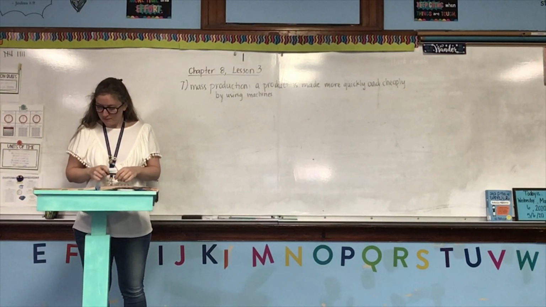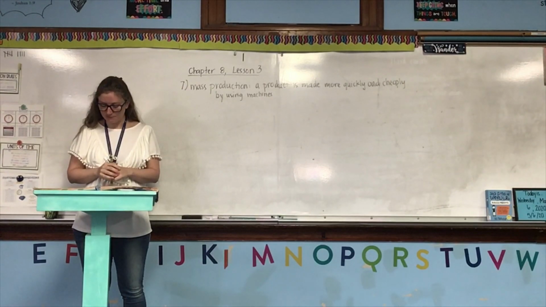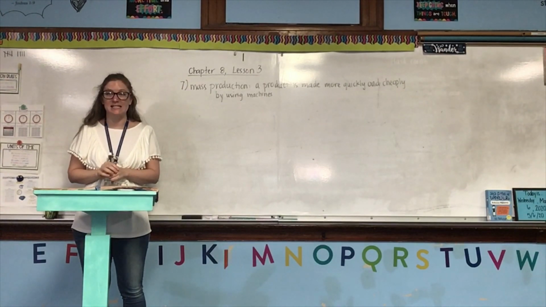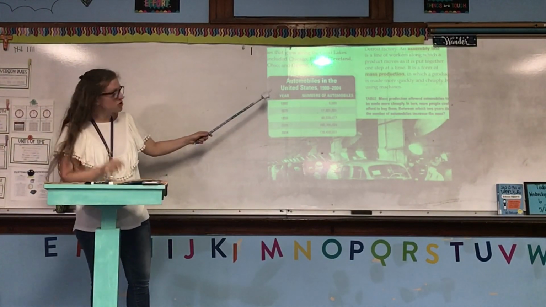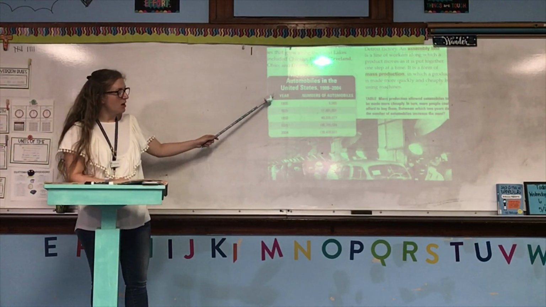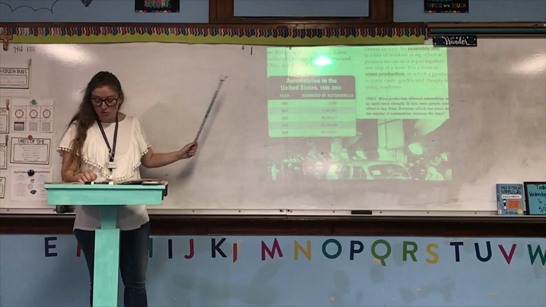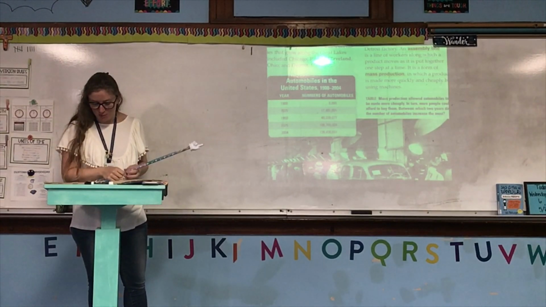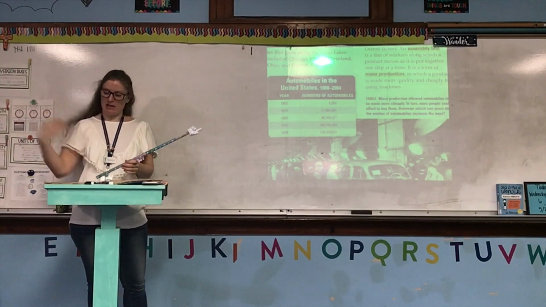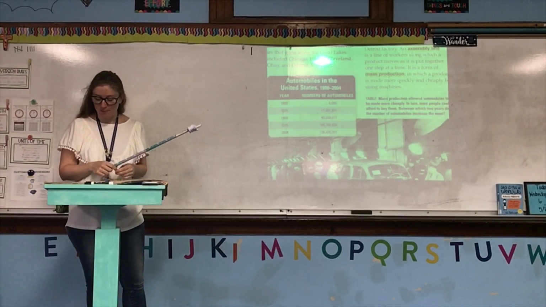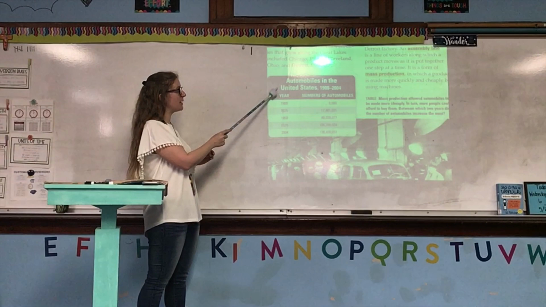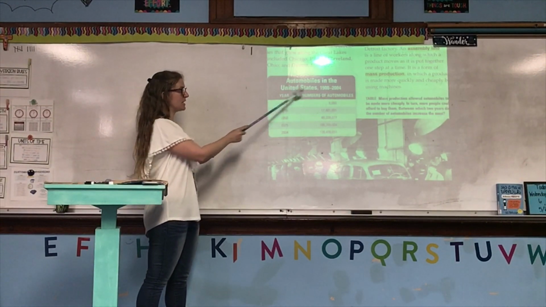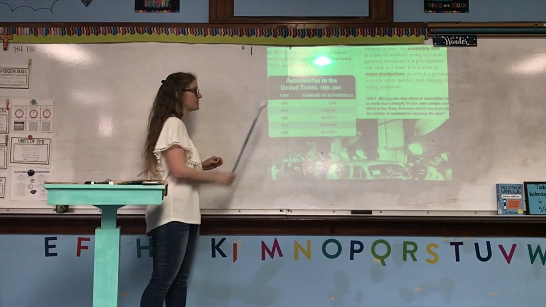Okay, now we're going to look at the table on page 267. So this table shows that mass production allowed automobiles to be made more cheaply. In turn, more people could afford to buy them. The title of this table is Automobiles in the United States, 1900 to 2004.